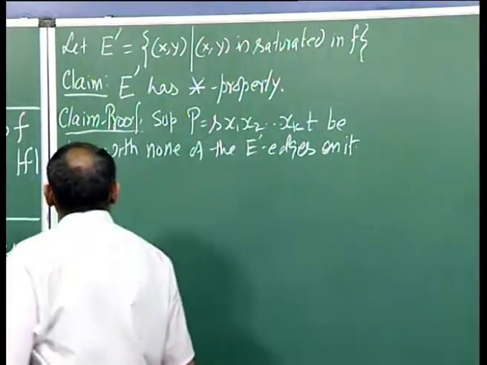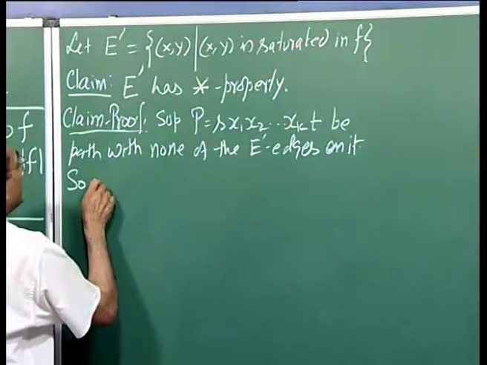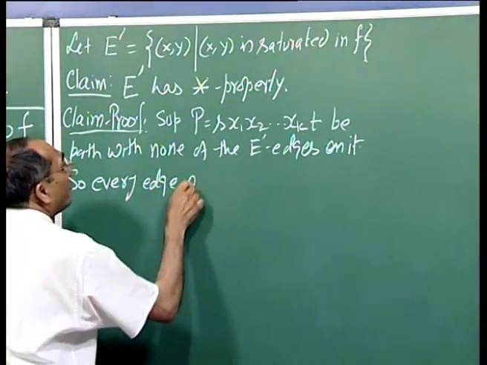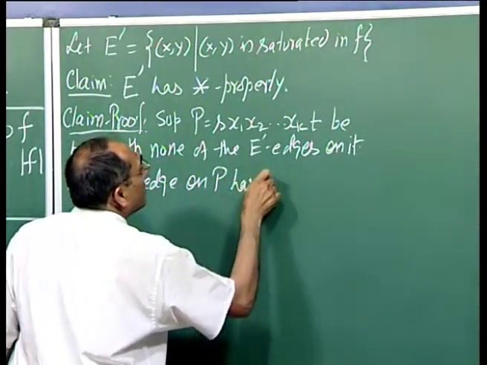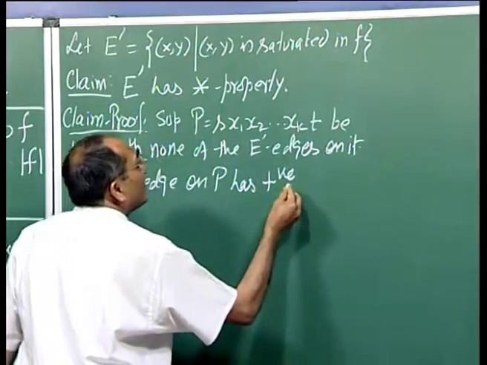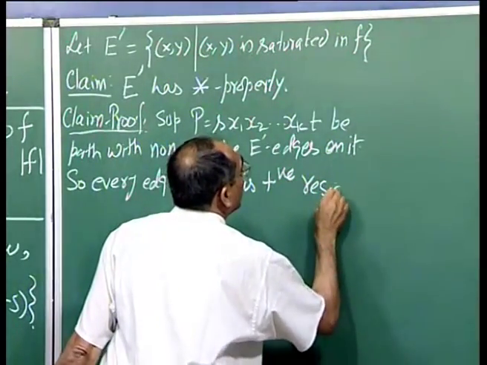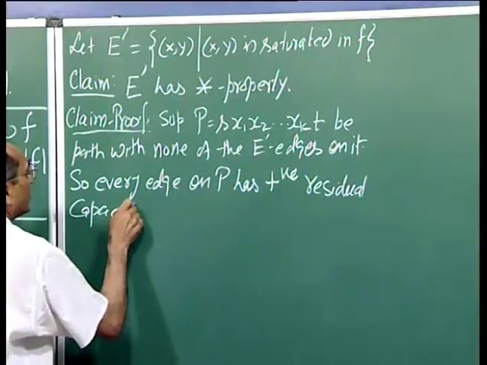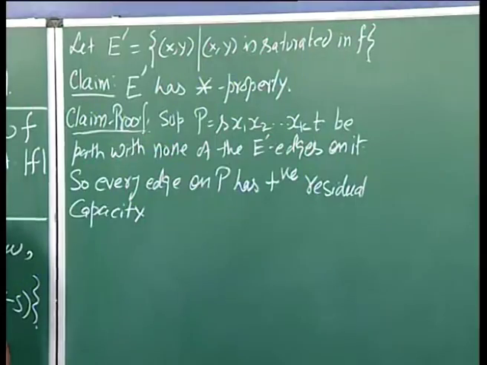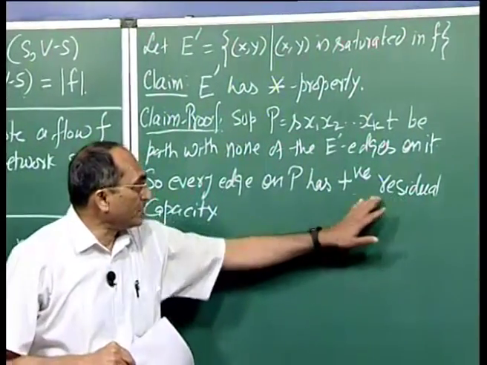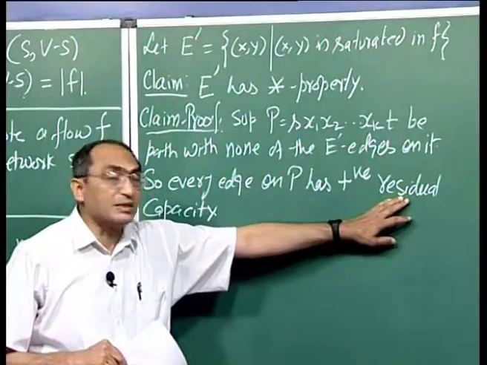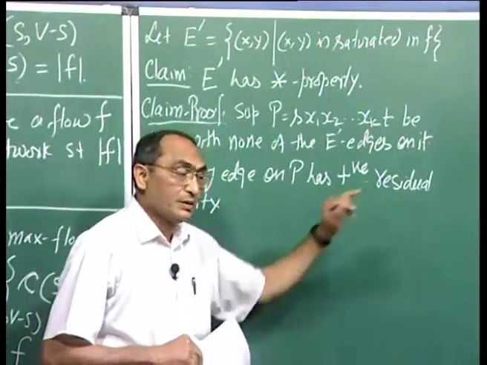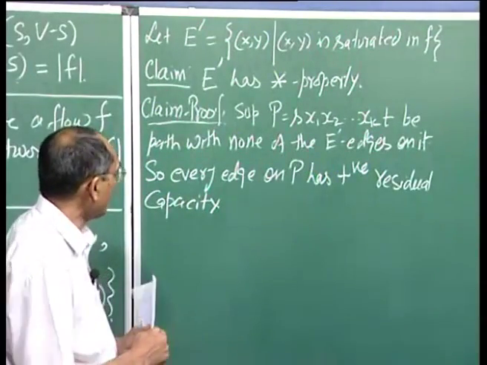So, every edge on P has positive residual capacity. Positive residual capacity is the capacity minus the flow, and since none of them are equal, they are all going to be positive differences.